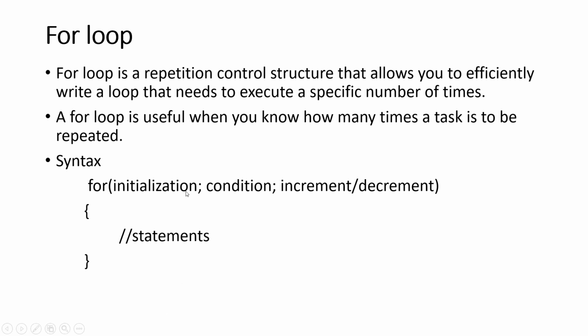We initialize the variable, then the condition is given, then the increment or decrement of the variable, and here is the statement or block of code. It will be executed for that number of times.